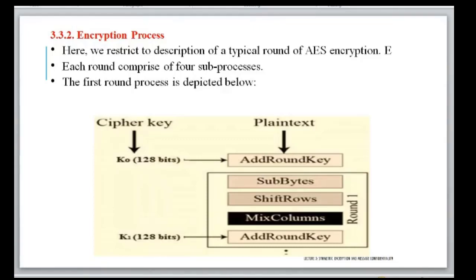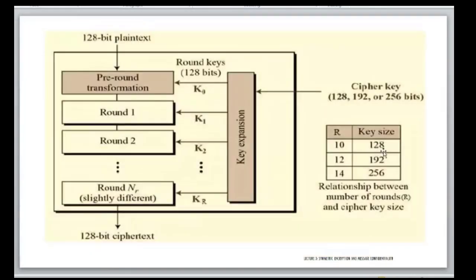Third point, the number of rounds is going to change. You can have 10 rounds, 12 rounds, or 14 rounds. If you are going to have 10 rounds, you can use the same 128-bit key.